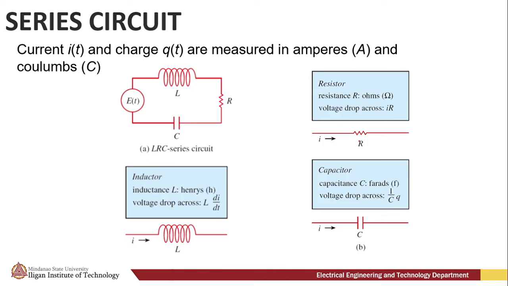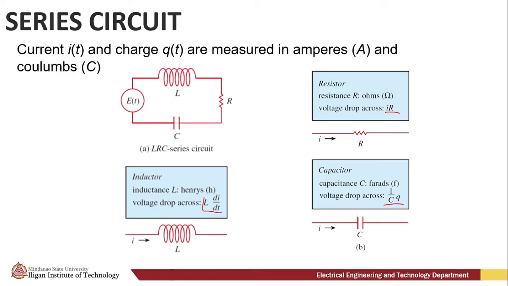First, we need to know the voltage drop across the components L, R, and C. For the resistor, the voltage drop is iR. For the capacitor, we have 1 over C times q, where q is the charge. For the inductor, the voltage drop is L di/dt.